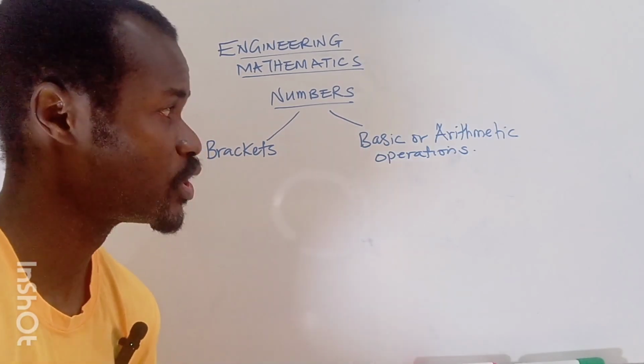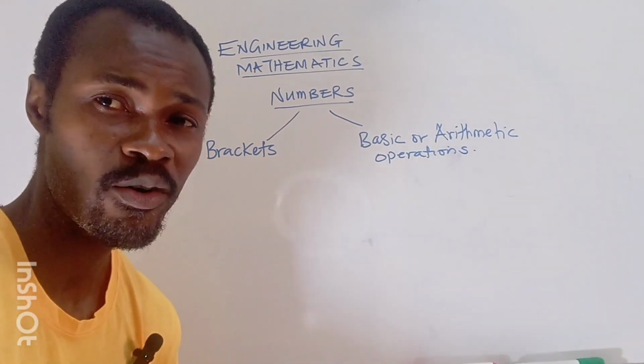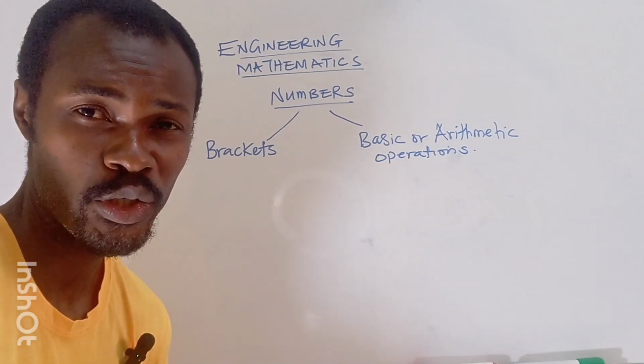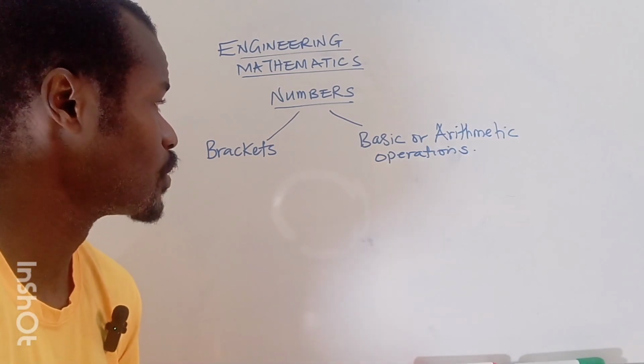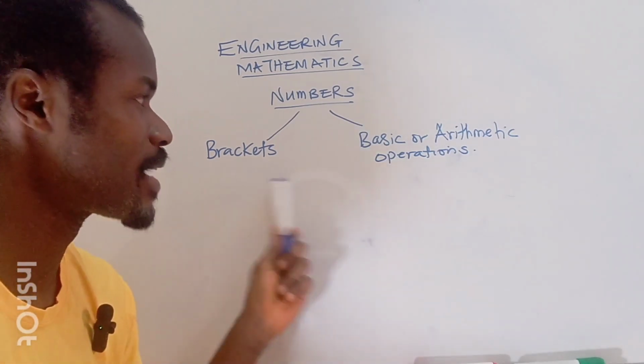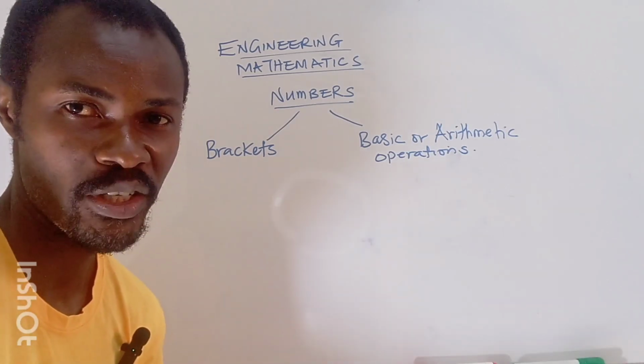So today I'm going to be teaching you the basic or fundamental knowledge that you need to step up your mathematics when it comes to numbers, with respect to brackets and basic operations.